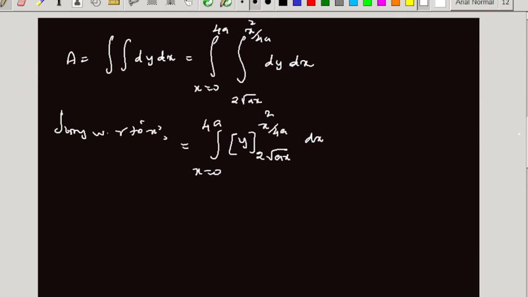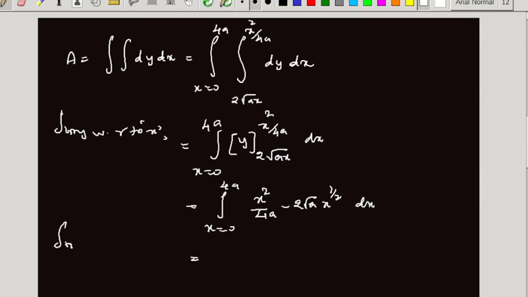So we apply the upper limit: x square by 4a minus 2 times root a into x power 1 by 2, integrating with respect to x.